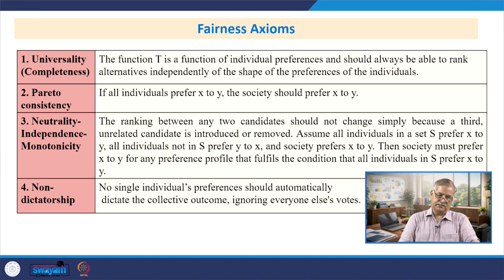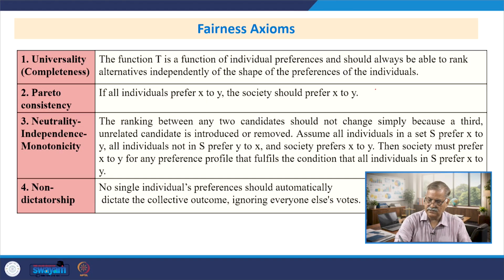First is universality or completeness. The function, which is a function of individual preferences, should always be able to rank alternatives independently of the preferences of the individual. Pareto consistency means that if all individuals prefer X to Y, the society should prefer X to Y. So suppose there are three persons and three events.